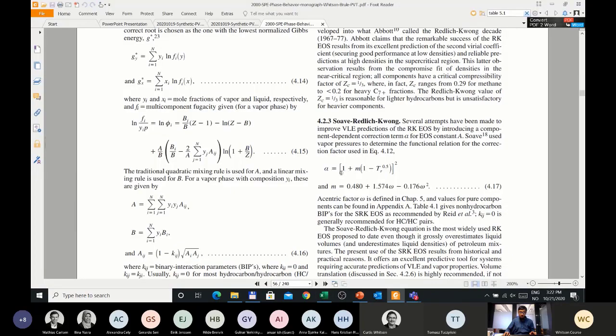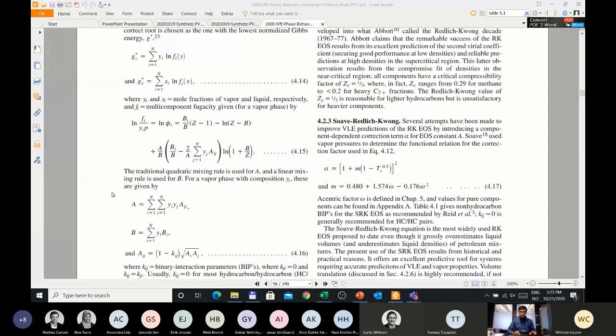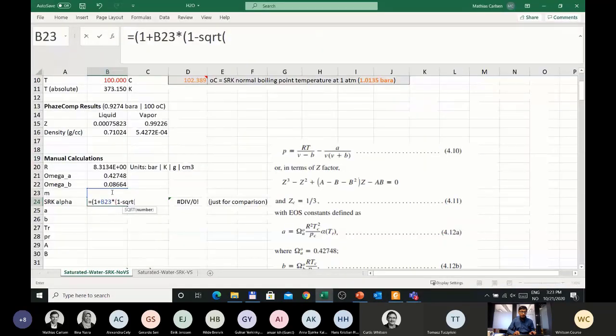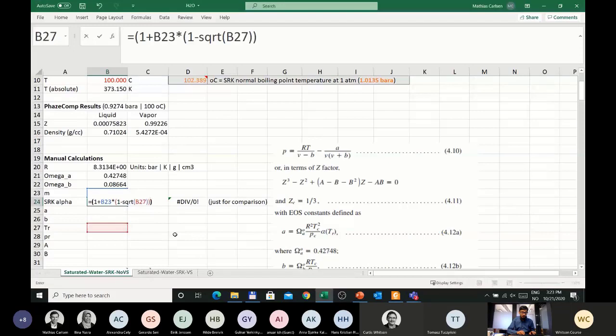Alpha is equal to 1 plus m, that's this number here, times 1 minus the square root of the reduced temperature. The reduced temperature we haven't calculated here, we can calculate that number here, times the square.